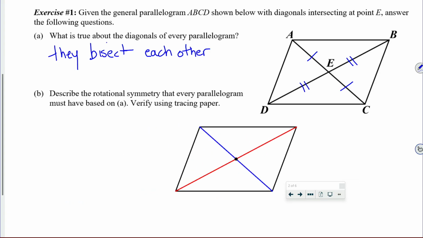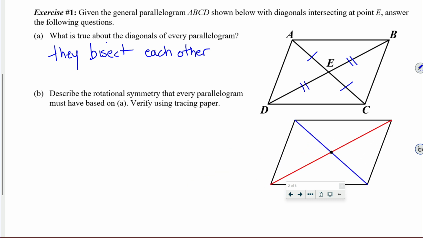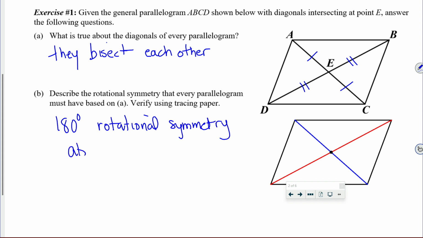That's for verification in just a moment, but it has 180 degree rotational symmetry about point E.